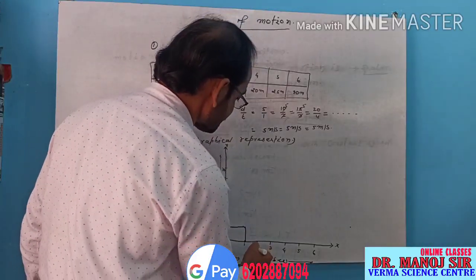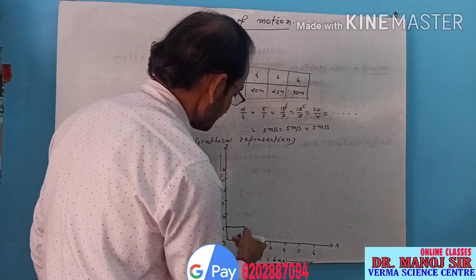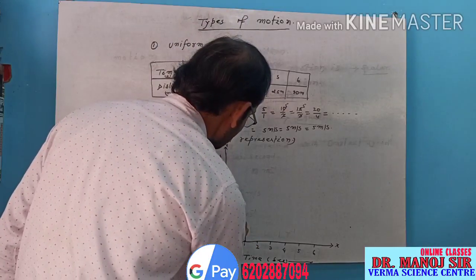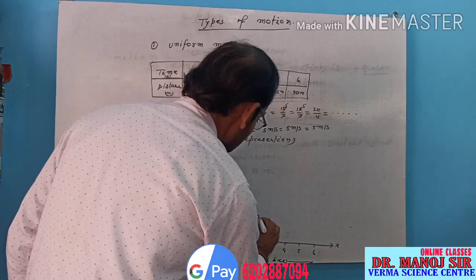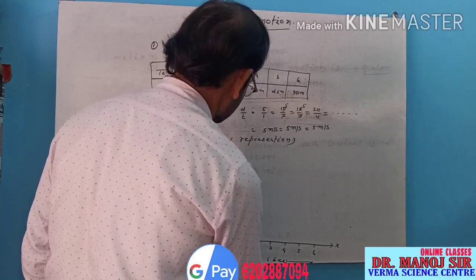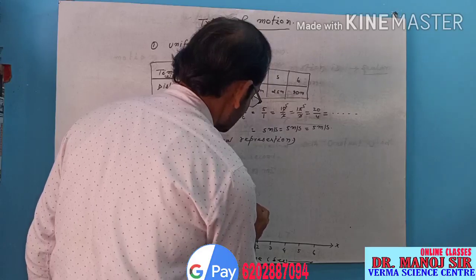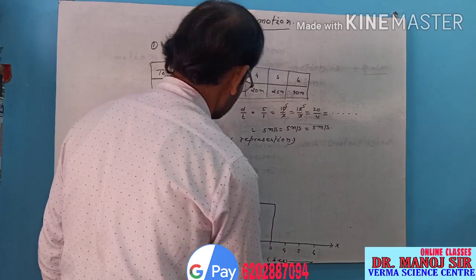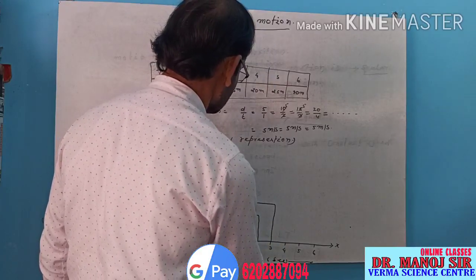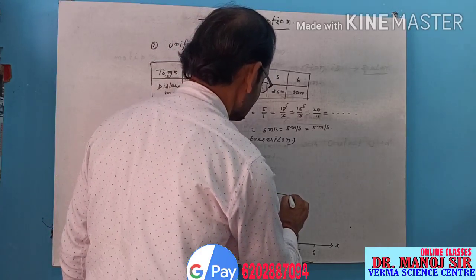Similarly, in the second interval of time, the car travels a distance of 10 meters, in the third period of time it travels 15 meters, and so on.